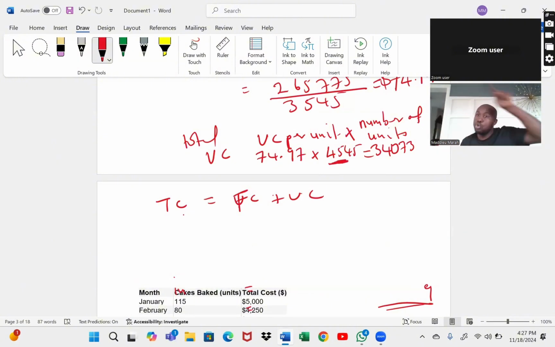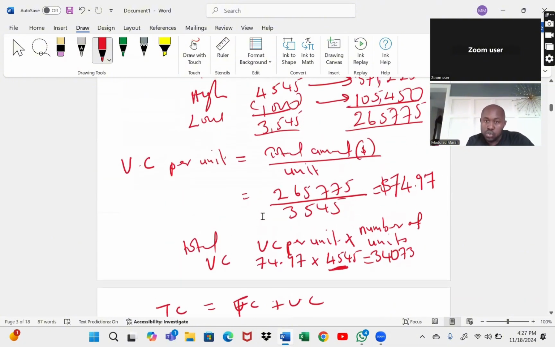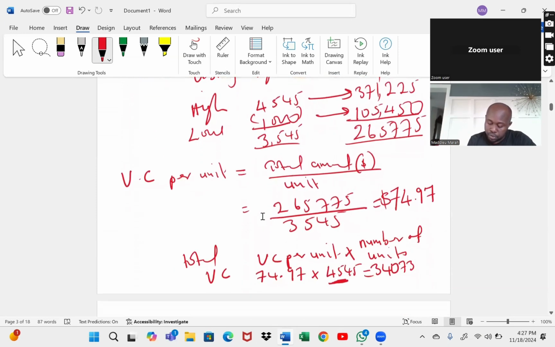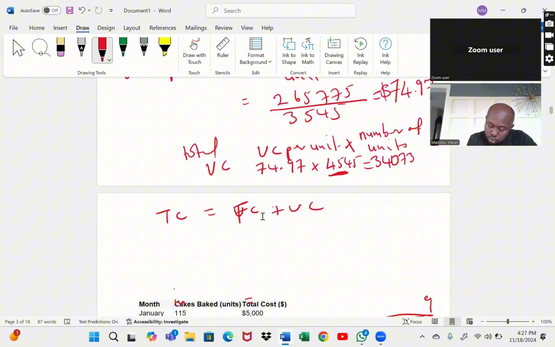If we had used the low activity of 1,000 to calculate our variable cost, then we'd use the low activity value. So because we use the high activity, our total cost for the high activity is 371,225.